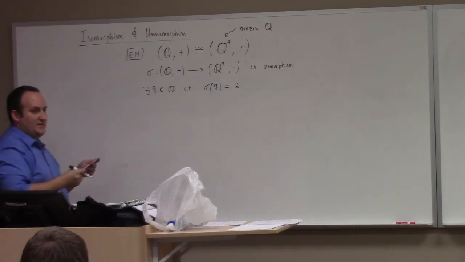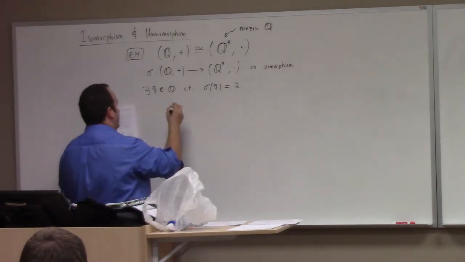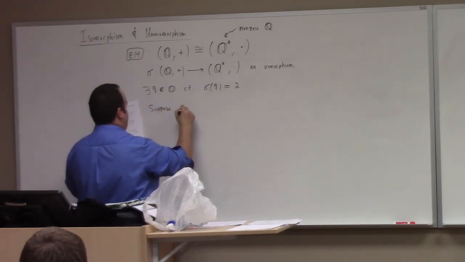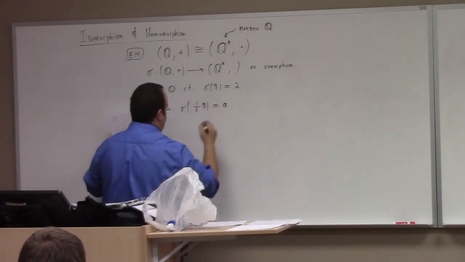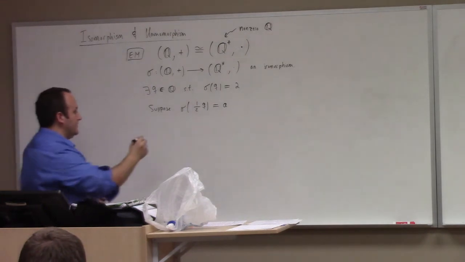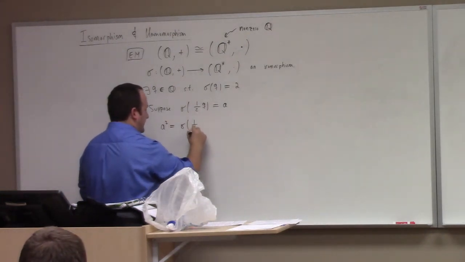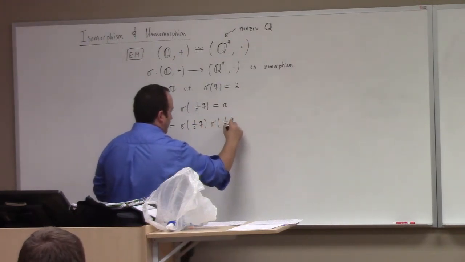So far so good, seems reasonable, right? Then he says, suppose that sigma of 1/2 q is equal to a. Now this a is going to be the troublemaker. We look at a squared. A squared is sigma of 1/2 q times sigma of 1/2 q.